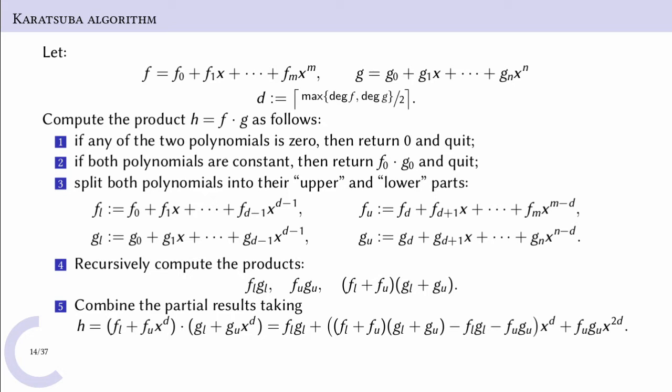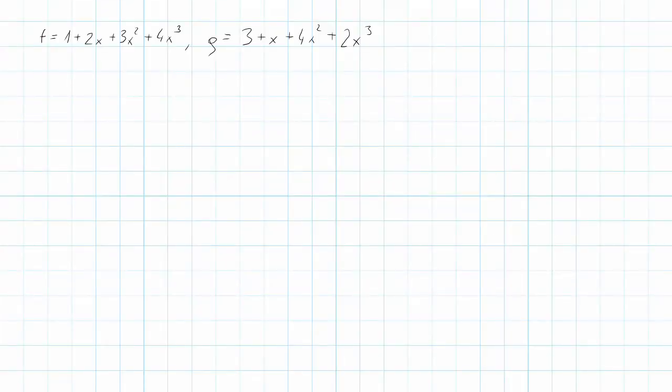So now let's see if it is in fact any more efficient, any faster than the standard long multiplication. Indeed it is. I will compute the same product of the two polynomials, but now I will use the Karatsuba algorithm. So we again have these two polynomials.